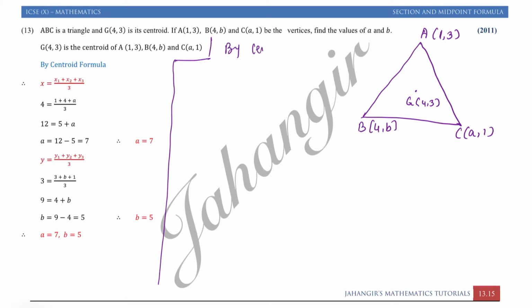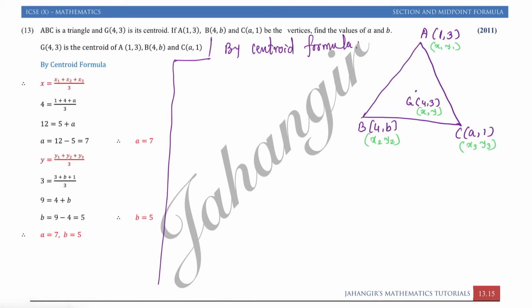By the centroid formula, let us write x comma y. This is x comma y. This is x1 y1, x2 y2, and x3 y3.